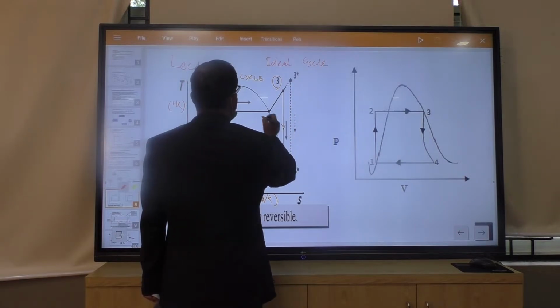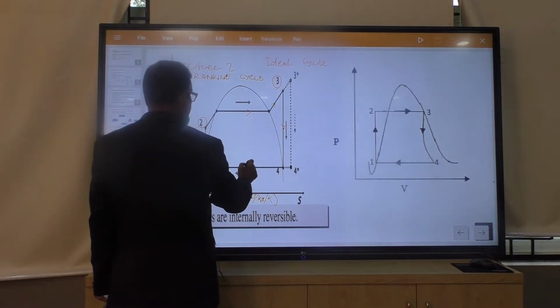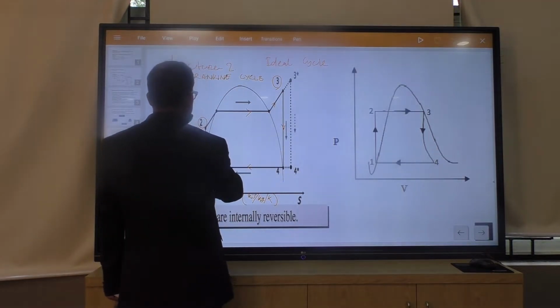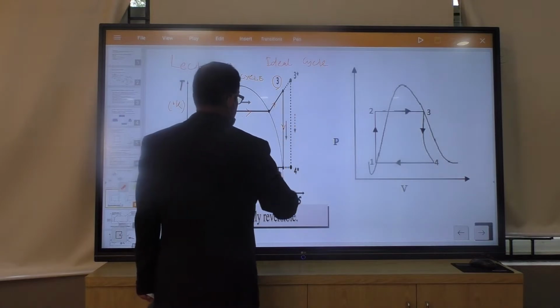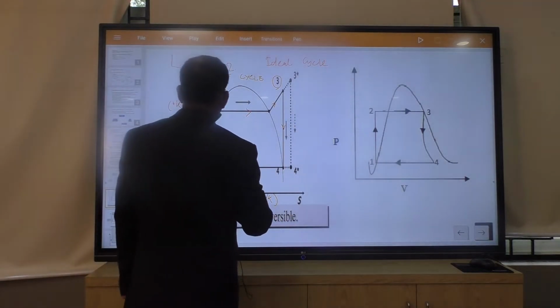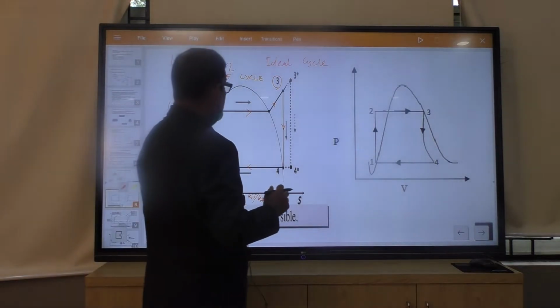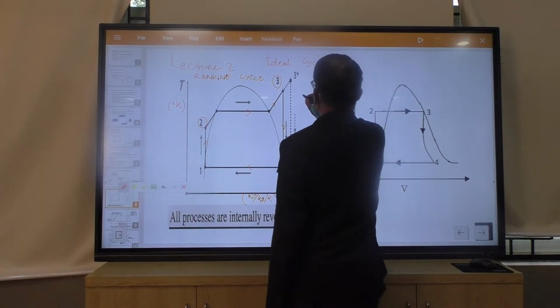Here in the diagram, 3 to 4 is the turbine work done. It is in the TS diagram.